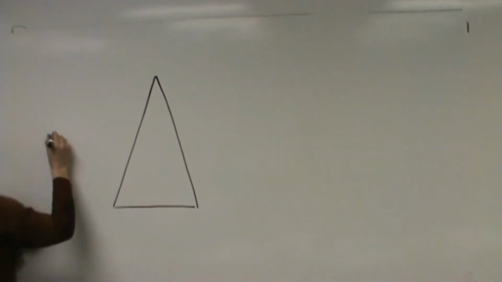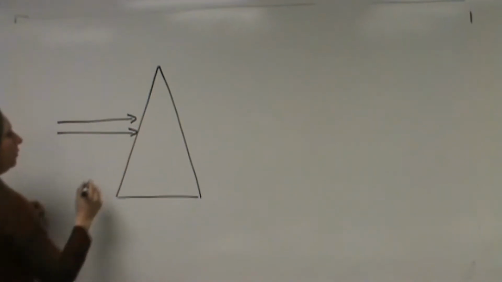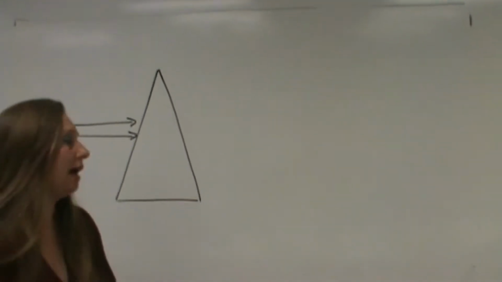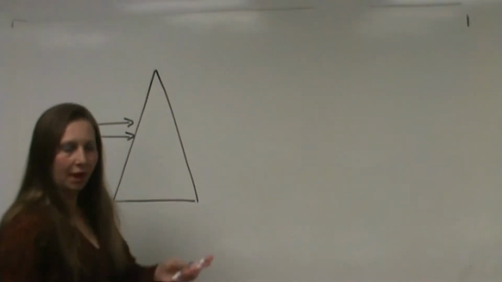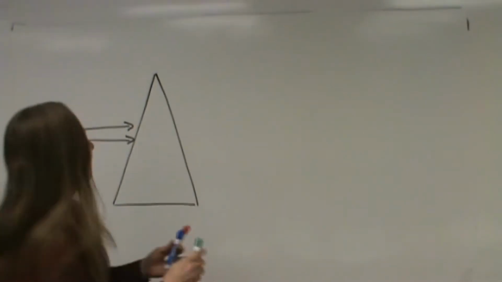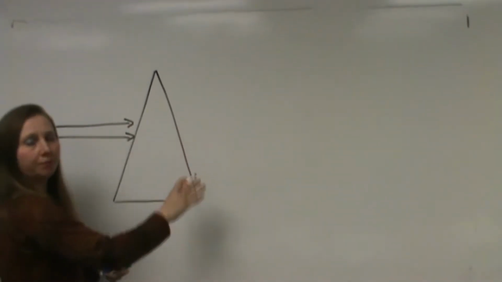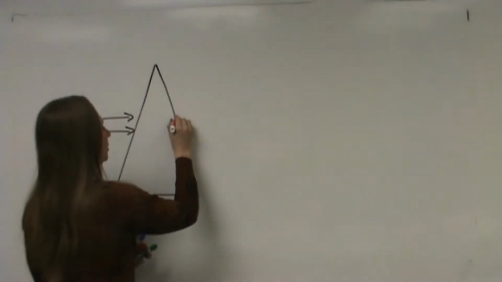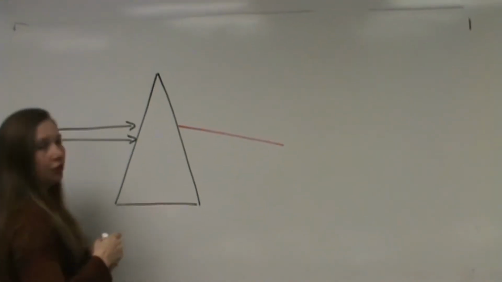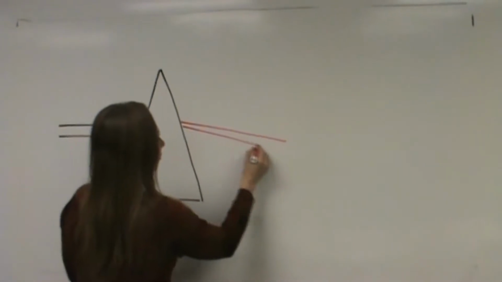So here's the white light from the sun. And when it comes out, now I only have 3 colors here. I've got red, I've got green, and I've got blue. So we're just going to have to make do. All right, when the light goes through the prism, the red refracts a little bit. The orange and the yellow, I don't have those colors, but the orange and the yellow refract more.